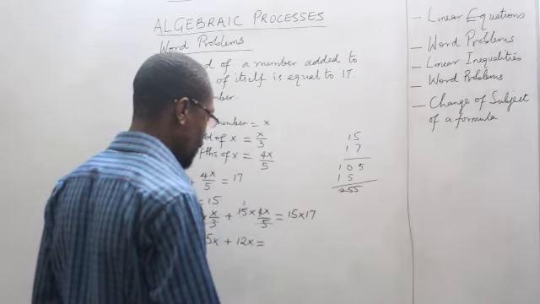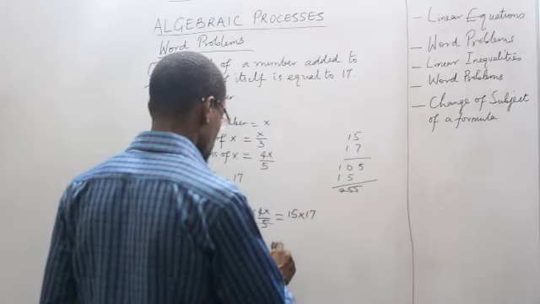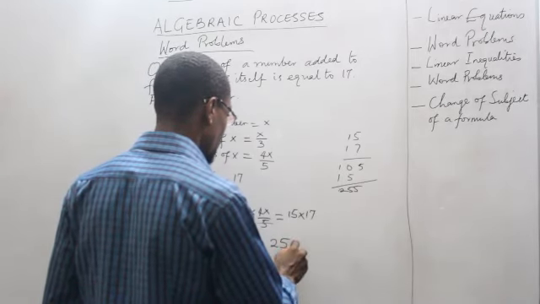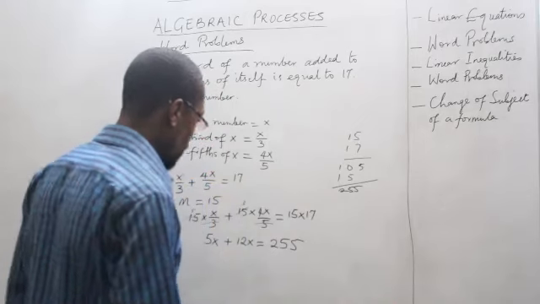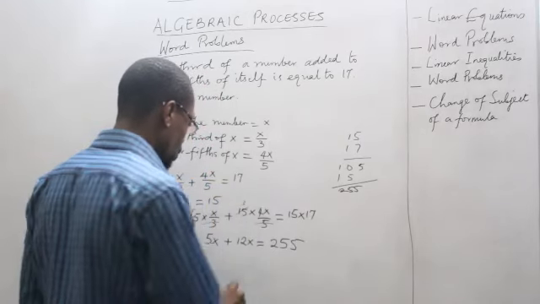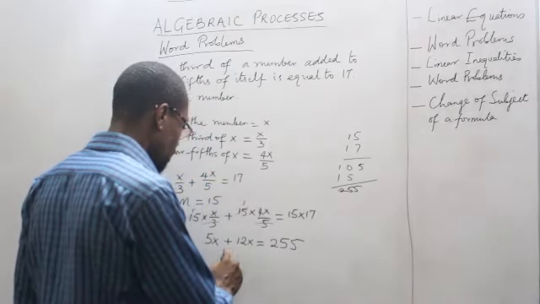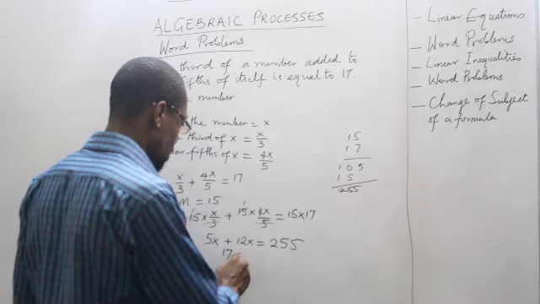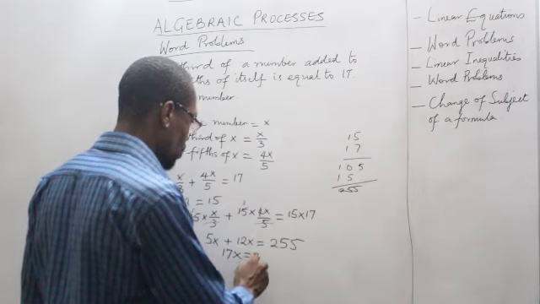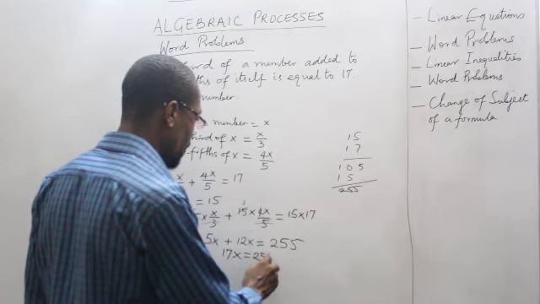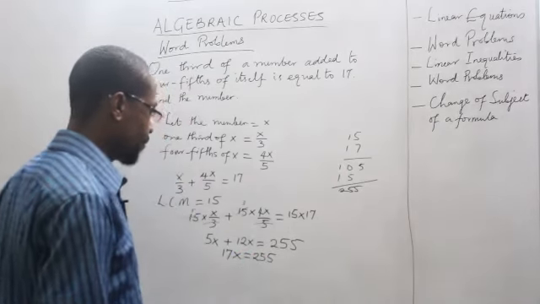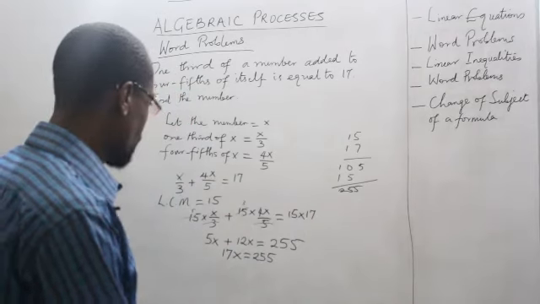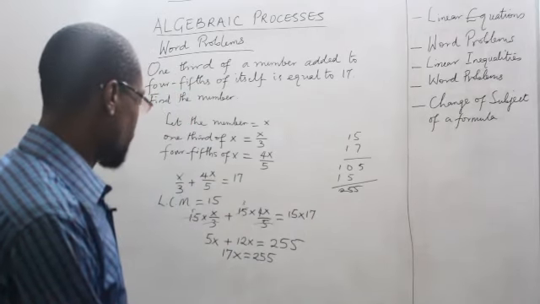We have 2, 5, 5. 5x plus 12x is simply 17x equals 255. Not so? That's it.